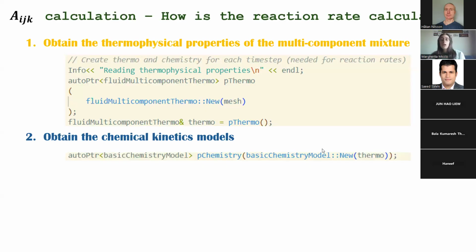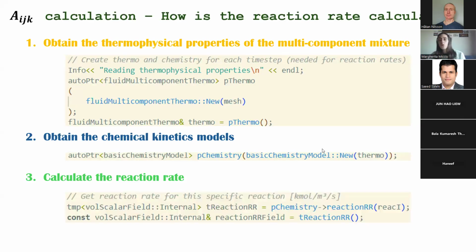Now we need to also obtain the chemical kinetics model. And to do this, we construct another object, which is the basic chemistry model object. And this will be constructed instead by giving in input the thermo properties that we constructed in the previous step. So we need to give the thermodynamic to have also the chemistry. And then finally, we can calculate the reaction rate by using this function, the reaction rate function, that is a member function of the class model chemistry model.